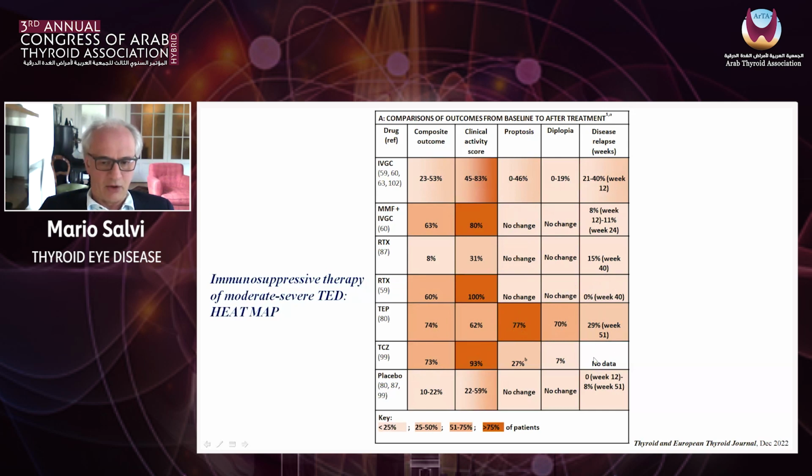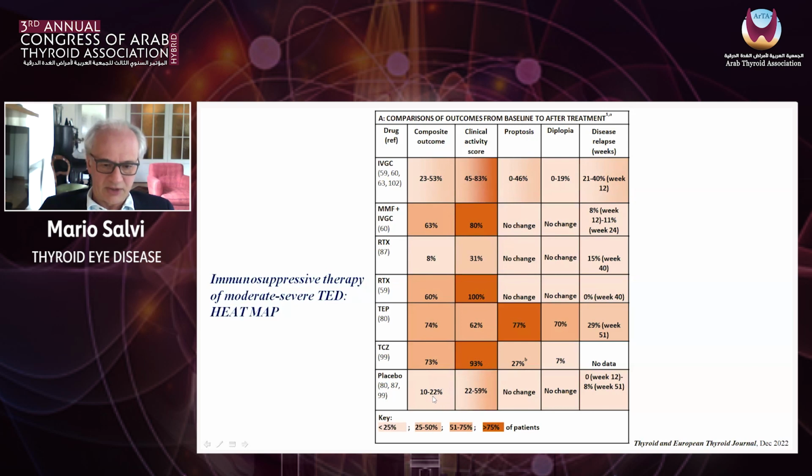For tocilizumab, data on remission or relapse of disease are not evident. It is certainly very good in inactivating disease, and the effect on diplopia has to be reassessed, and we hope the next controlled study versus steroids will answer this question.